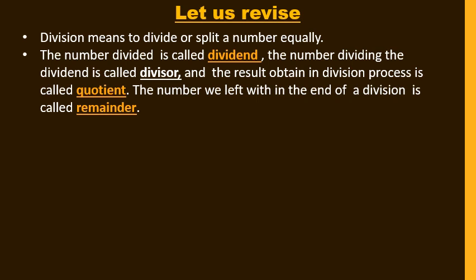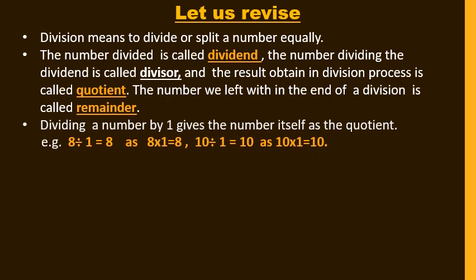The number we are left with at the end of our division is called remainder. Dividing a number by 1 gives the number itself as the quotient.